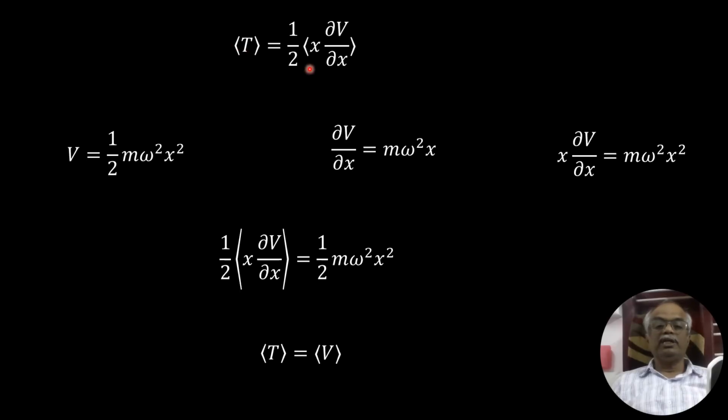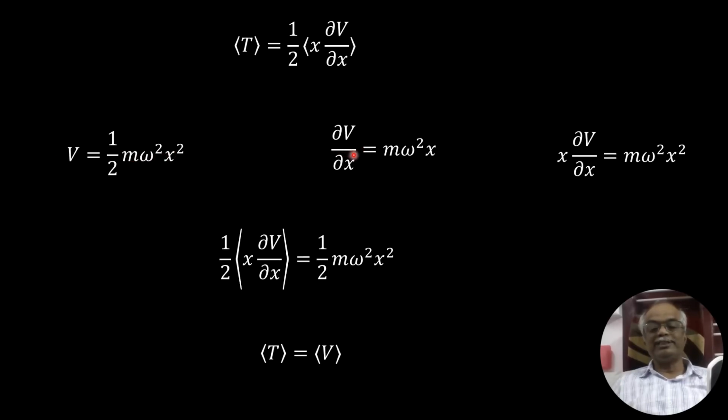Now we got this relation. In the case of the harmonic oscillator, we have been asked to prove that kinetic energy is equal to potential energy in the case of a stationary harmonic oscillator. So V is equal to half m omega squared x squared for the harmonic oscillator.